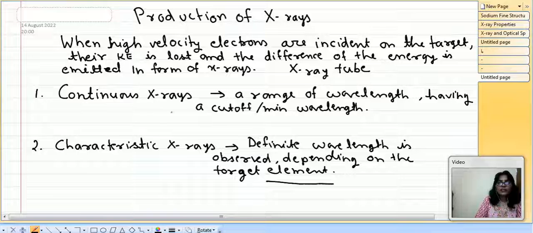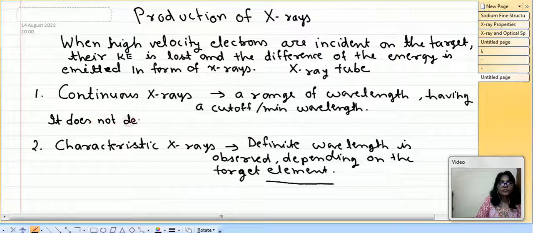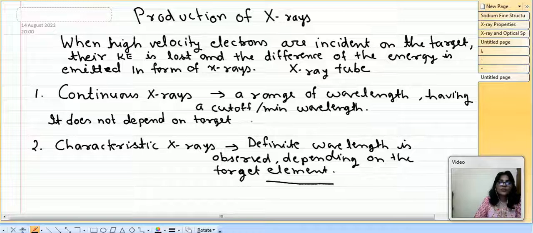Whereas in continuous X-ray spectrum, it doesn't depend on the target. So let us write it here. It does not depend on target. If we change the target, then also we will get the similar type of the continuous X-rays having the same range of the wavelength.